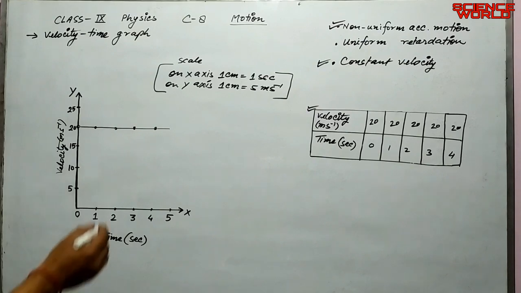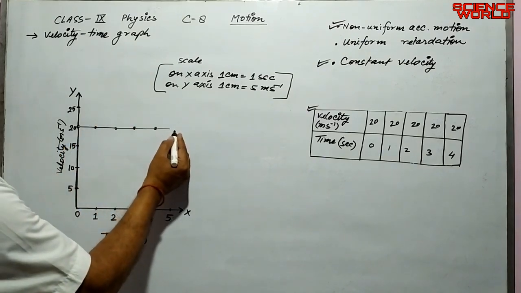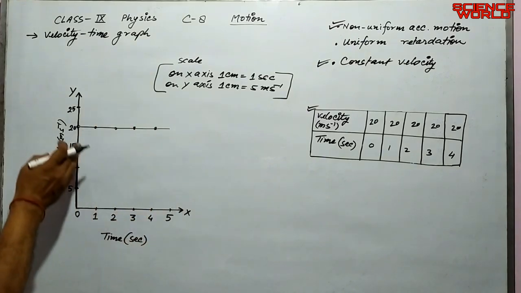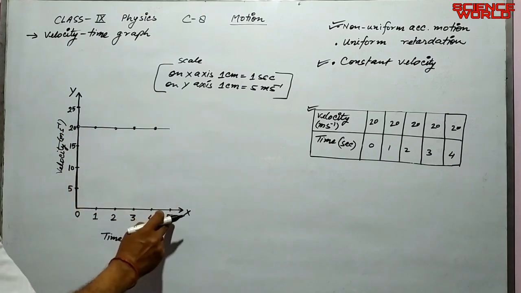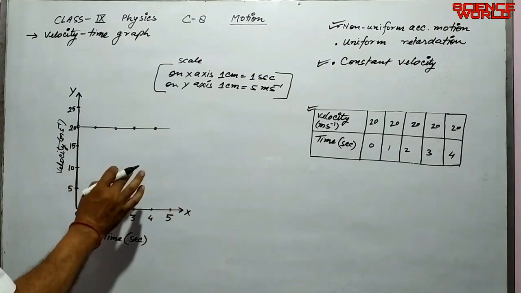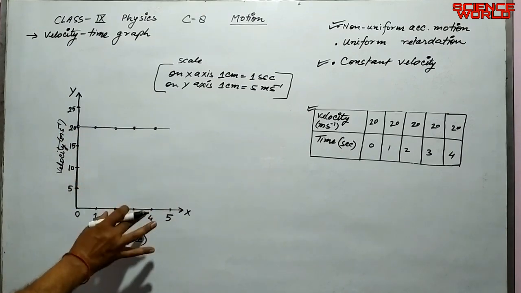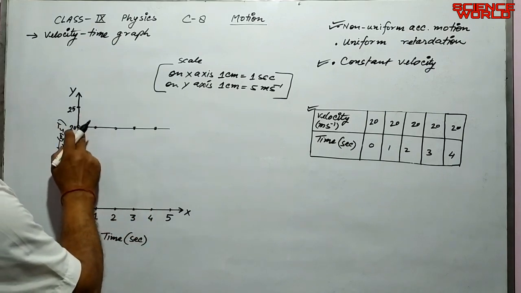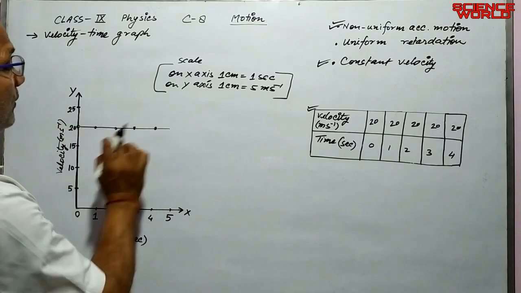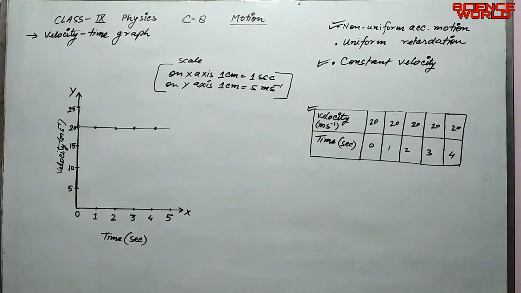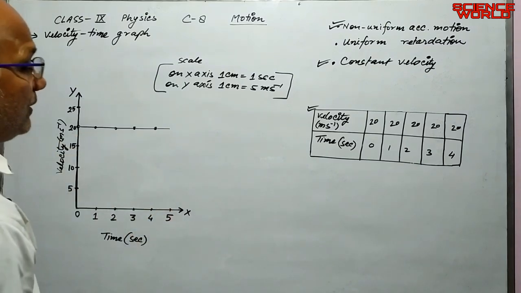You can see this VT graph is running parallel to the time axis. So if you find the velocity time graph is running parallel to the time axis, then the nature of the motion will be constant velocity.